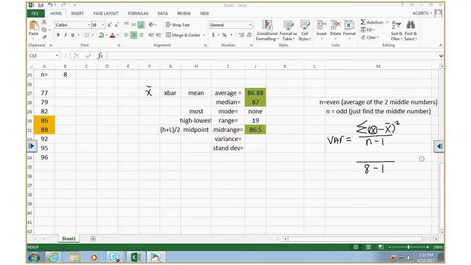So if you wanted to write this in layman's terms, I got to subtract the average from every one of my test grades and then square them and add them all up. And then I got to divide by 8 minus 1. And that's equal to my variance.